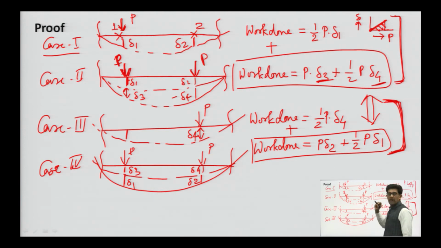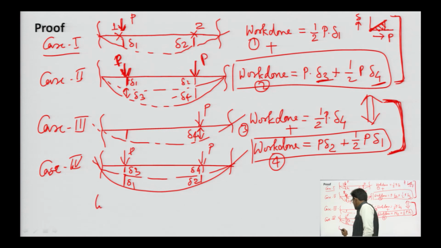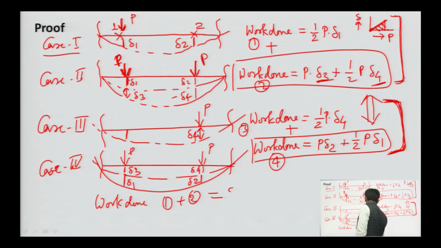So, what we are going to do, we are adding the work done. Say this is work done 1, this is work done 2, this is work done 3, this is work done 4. So, doing work done of 1 plus 2 equals 2 plus 3.